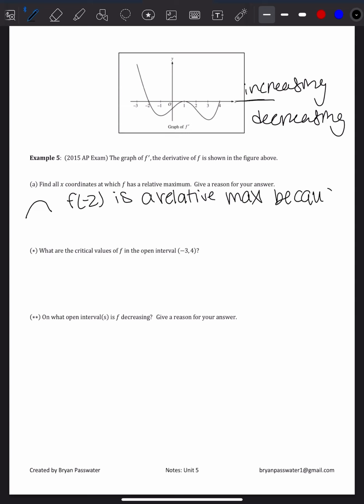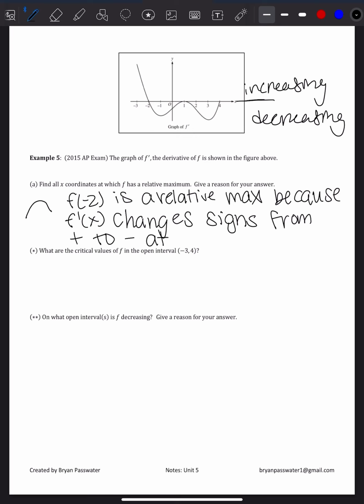And that's because f prime of x changes sign from positive to negative at x equals negative 2.